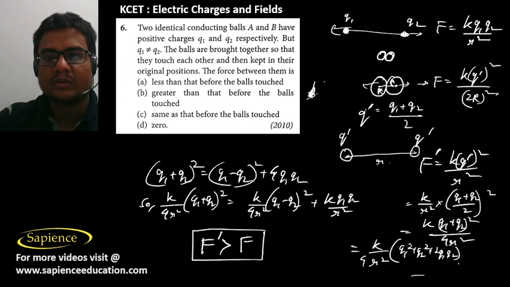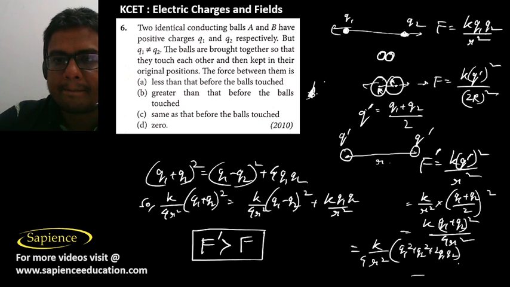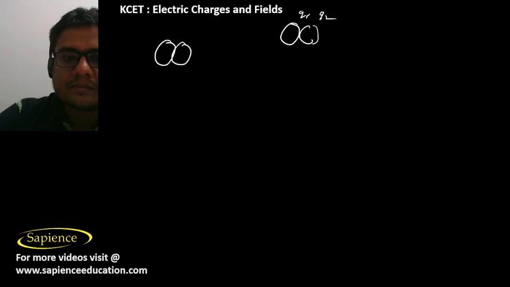Since they are both conductors, the potential should be the same. Means we should tell that after they come into contact, initially they were q1 and q2, then afterwards that is q dash and q dash.